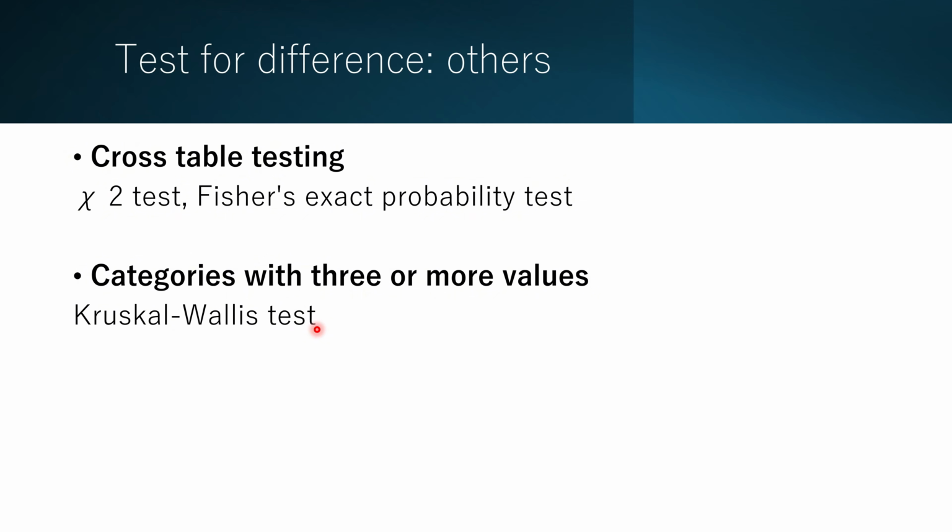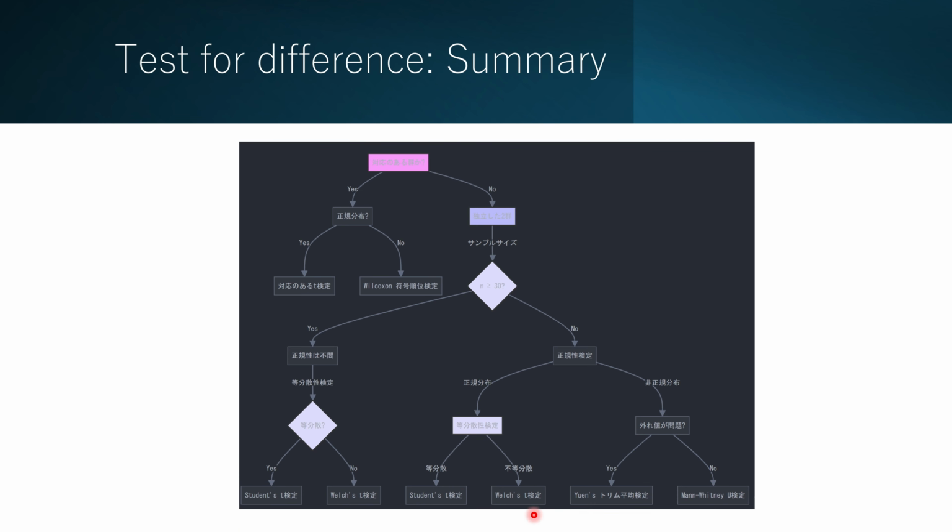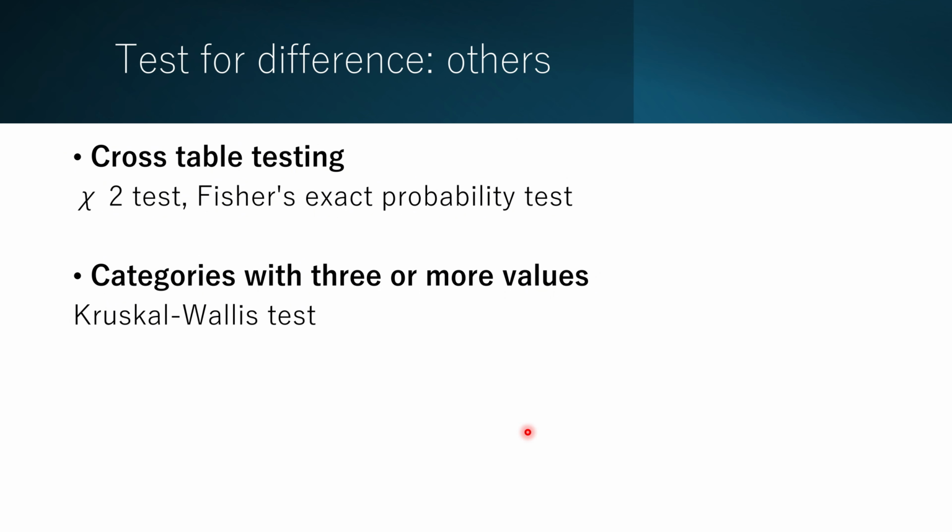For example, if your dataset is in categories, not numbers, then you cannot use these tests, the Mann-Whitney U test or Welch's T test and so on. In that case, you need to conduct the chi-square test or Fisher's exact test and so on.